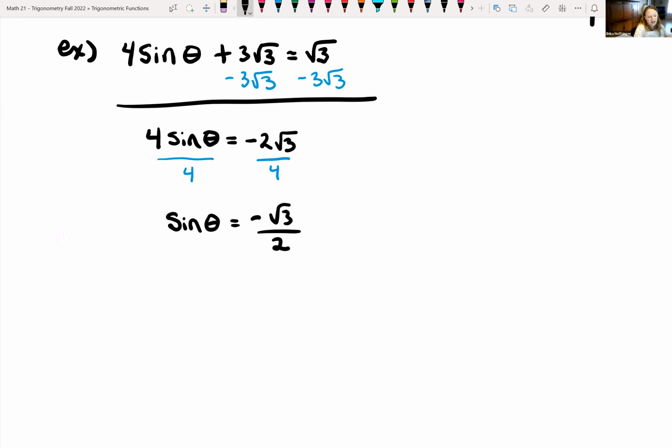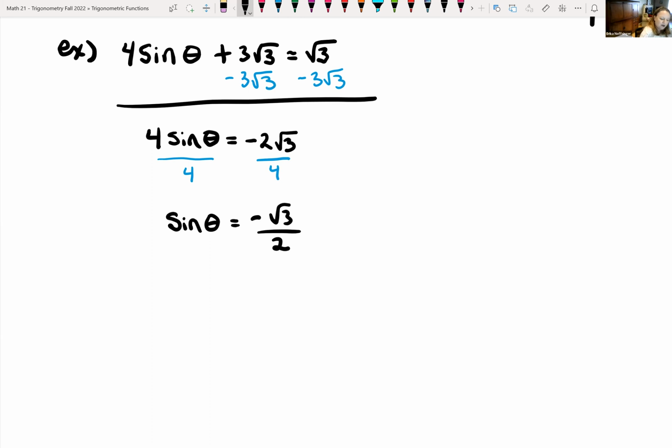So before I think about what angle of sine gives me back -√3 over 2, I like to think of what angle gives me back +√3 over 2. And then I can use that angle as my reference angle in the quadrants where sine is negative. And so I know 60 degrees, which is pi/3, sine of 60 or sine of pi/3 is equal to √3 over 2.